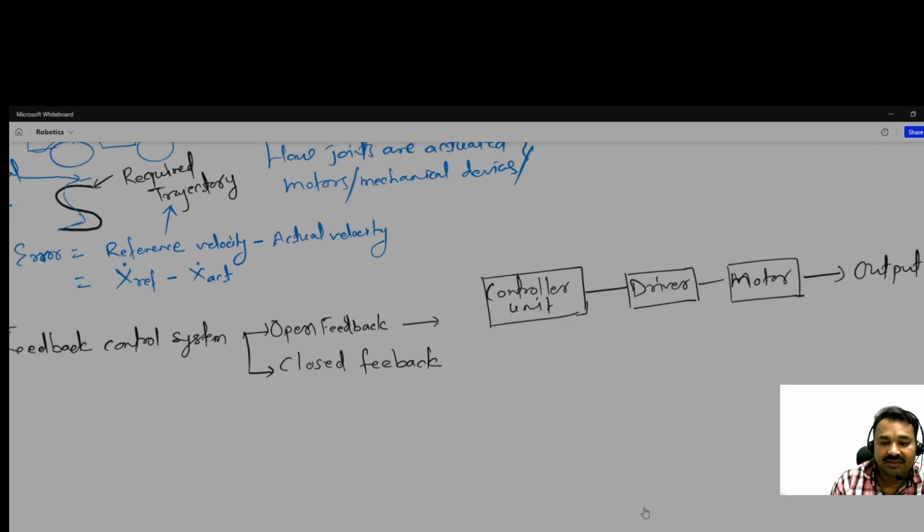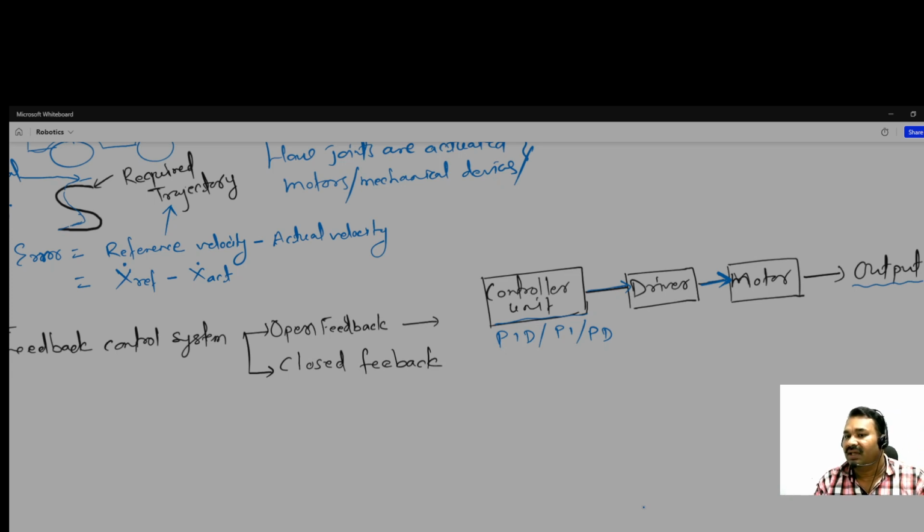Once again, control system means suppose a PID, PI or PD controller. It will supply whatever torque or forces are required to the robot through the driver and the manipulator. Then what we get is the output. So this output is not sensed and controlled.